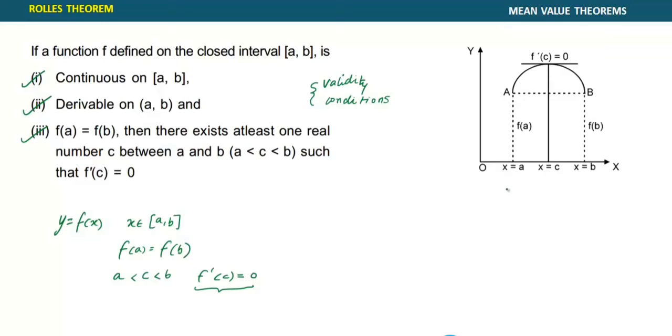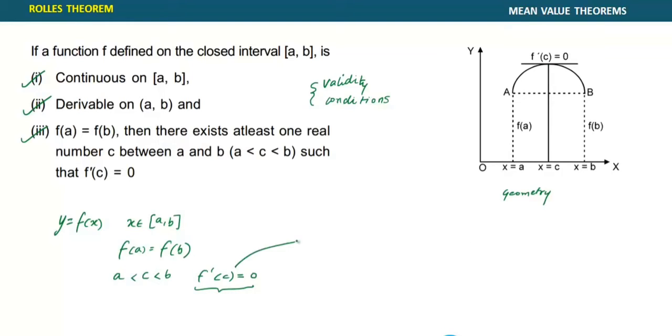Now if I want to convert this into a geometrical concept, by geometry I can say this is a smooth curve, so it is continuous as well as derivable, and f(a) is shown to be equal to f(b). So the values at a and b are equal, and that is why they are on a horizontal line. So I would definitely get a value of x between a and b such that if I draw a tangent at this particular point, this tangent will be parallel to the x-axis.